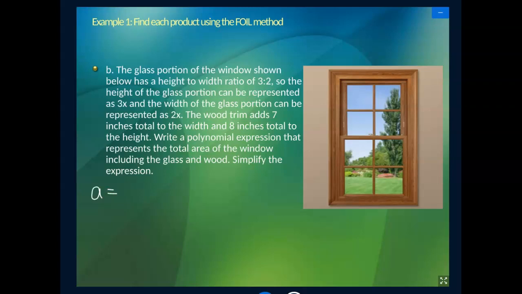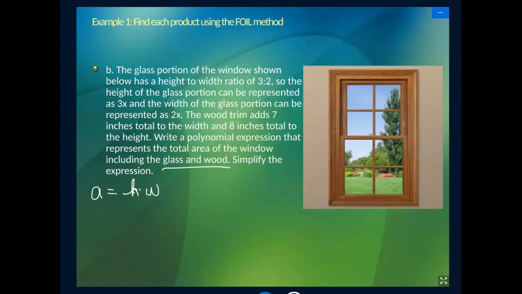Area is what? Come on, y'all, take from geometry. Perfect. It's length times width. Now in this case, instead of using length, when we talk about the window, we talk about its height. So let's change that L to an H, and we'll make it height times width. And then what's the area of the glass and the wood?